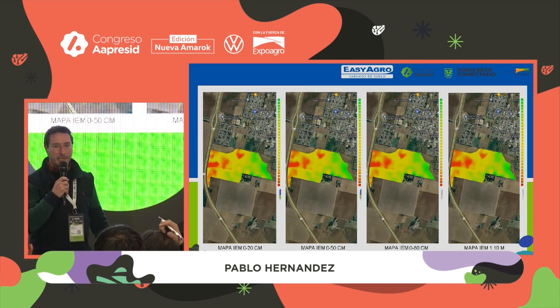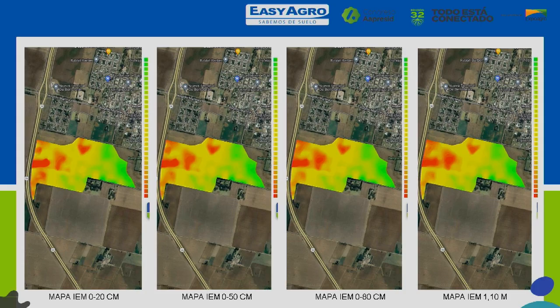So when we finish with the scanner, we have different productive potentials and we get different features of the soil. I'm going to talk about this. These are very similar. There was no interference here in the different horizons.